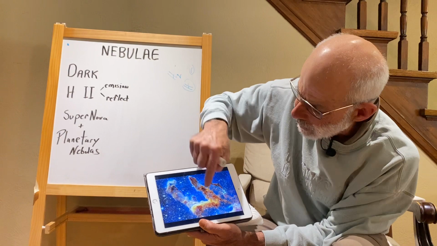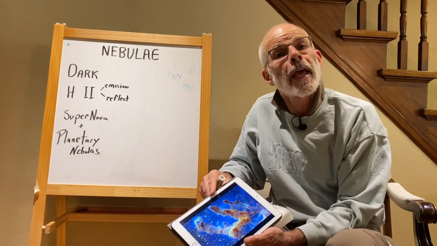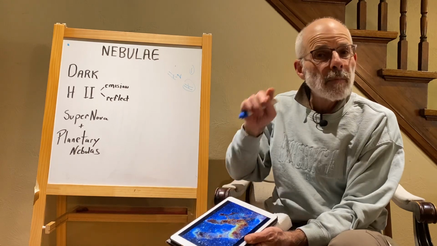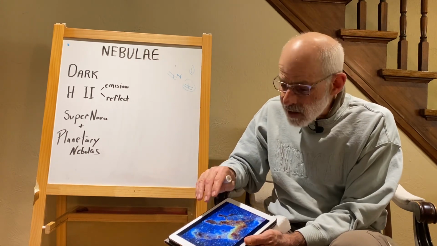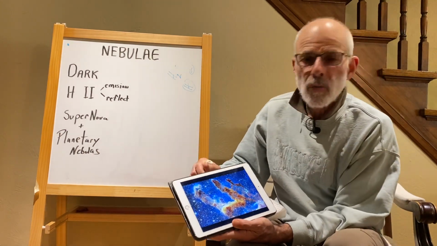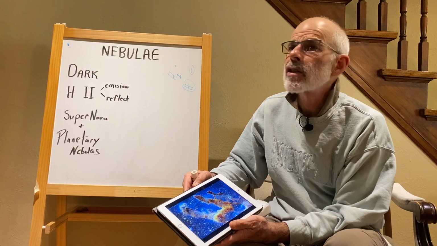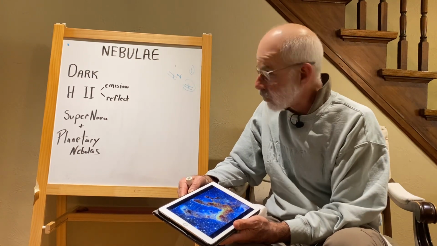If you were to look through these pillars with the James Webb Telescope in the infrared filters that filter through dust a lot more, you'll see even more stars, because these areas are packed with stars. H2 areas produce thousands and thousands of stars.